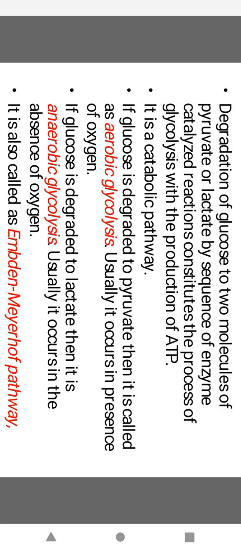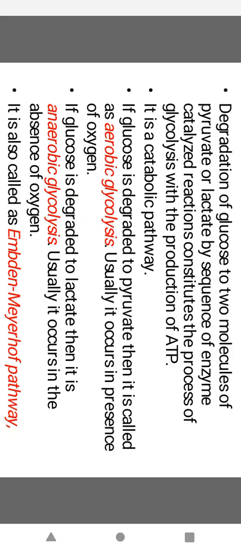It is a catabolic pathway. It is the essential pathway of carbohydrate metabolism because it can synthesize the energy for us for working. If glucose is degraded into pyruvate, then it is called aerobic glycolysis, which occurs in the presence of oxygen.